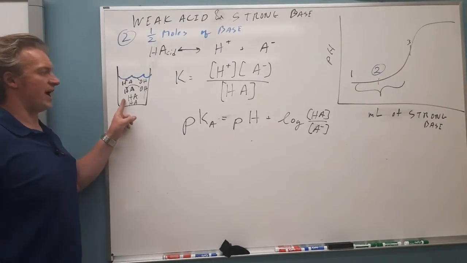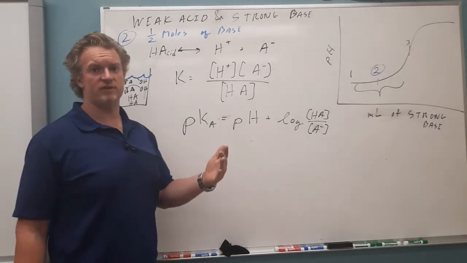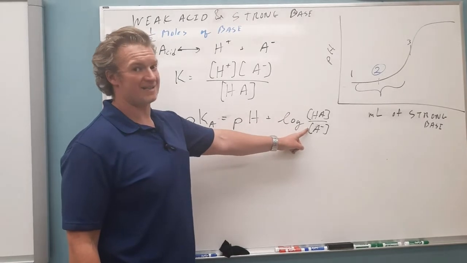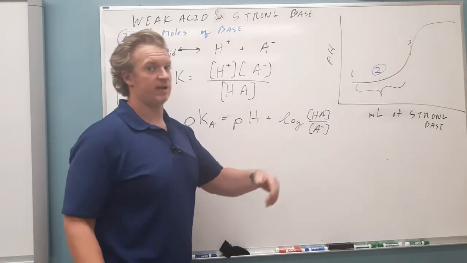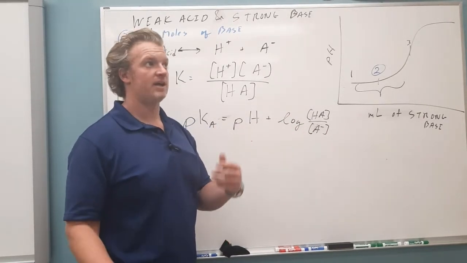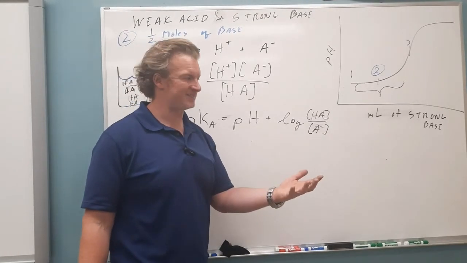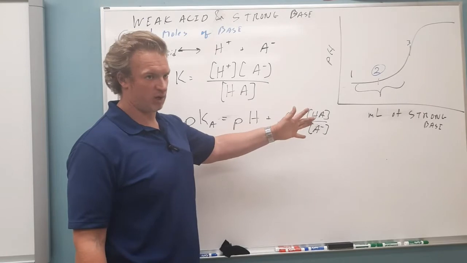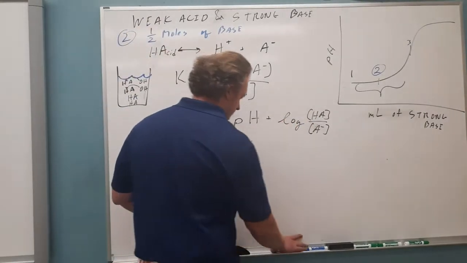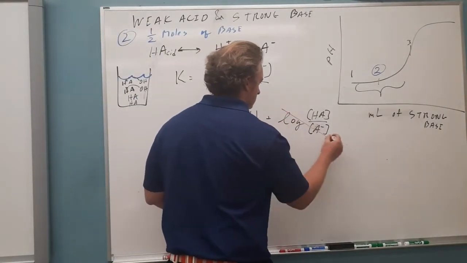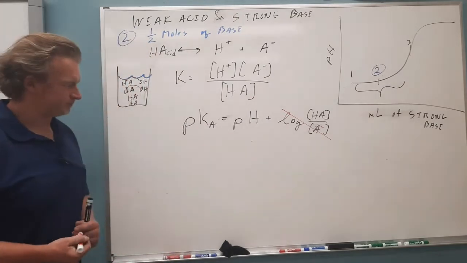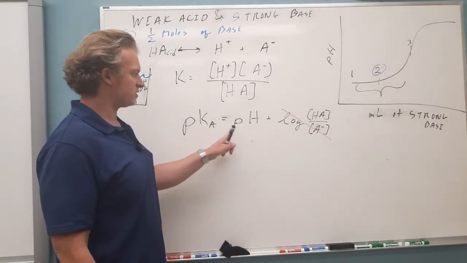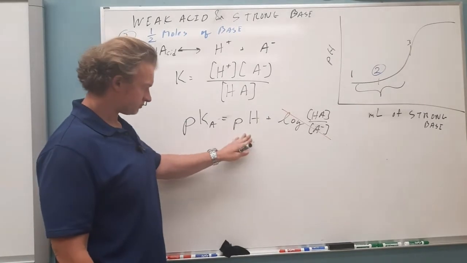Half of the acid has reacted and the other half isn't. So whatever these numbers are, they are going to be identical, because half did it, half didn't do it. So this fraction equals 1, log of 1 drops out. So we have a value here where pKa equals the pH.